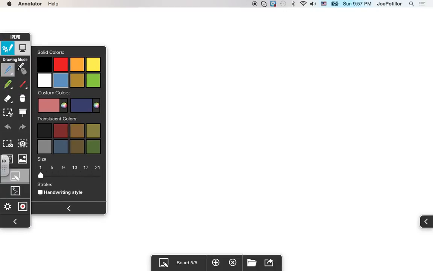So from 0 to 70, which is right about here, and we can make the scale whatever we want.